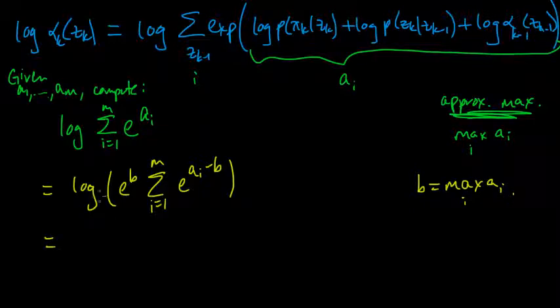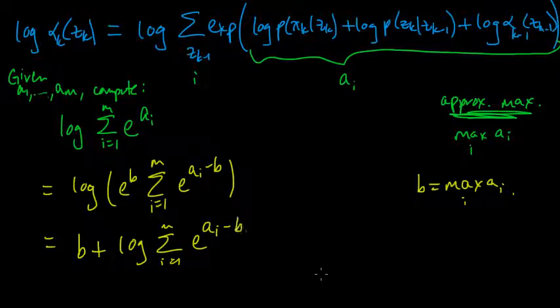And now log of the product is the sum of the logs, so this is b plus log of the sum from i equals 1 to m of e to the a_i minus b. And now we're in pretty good shape, because the a_i's are typically going to be negative numbers. So minus b is actually a positive number.